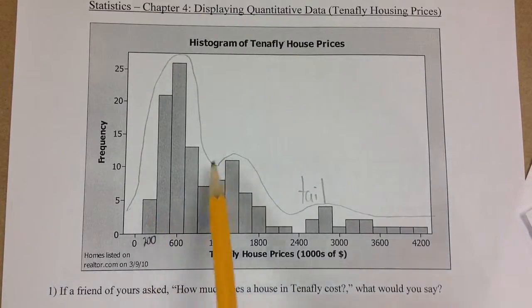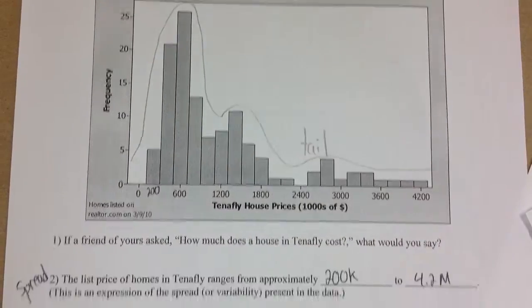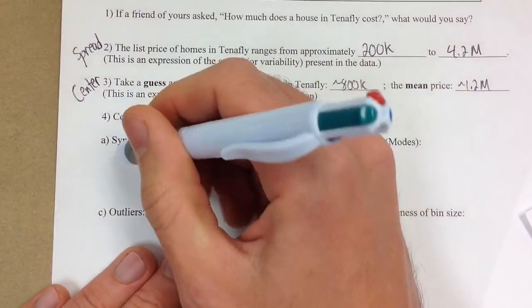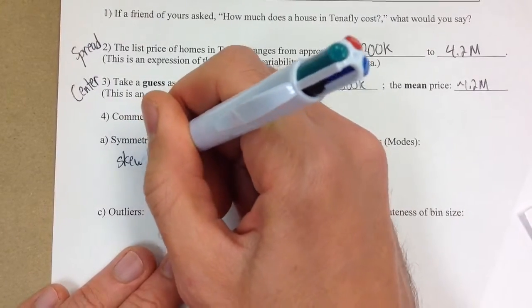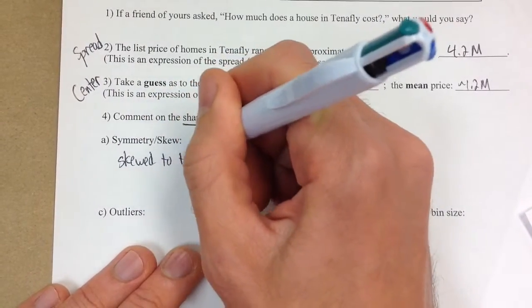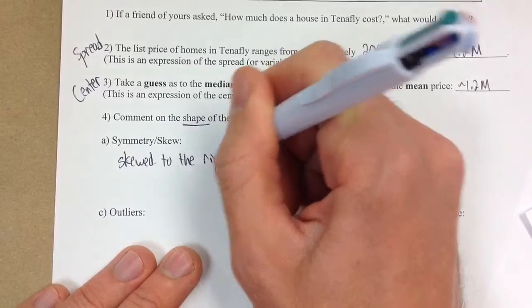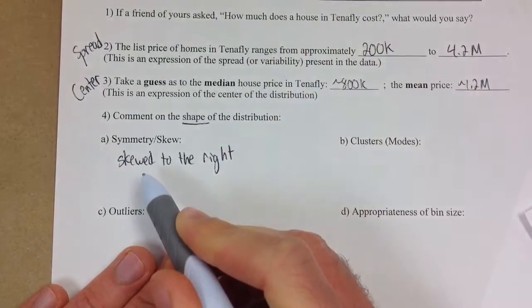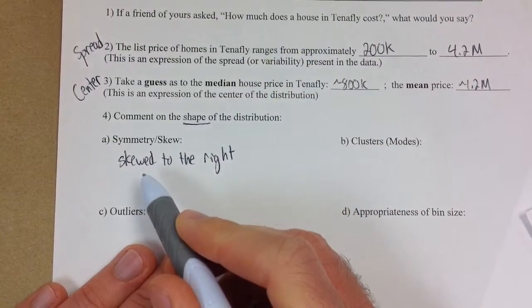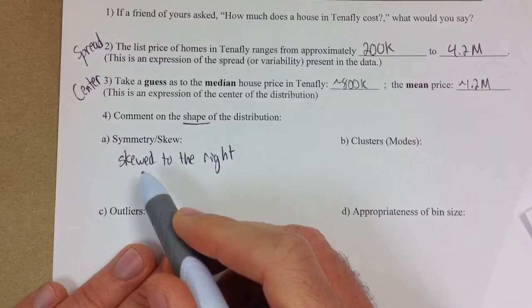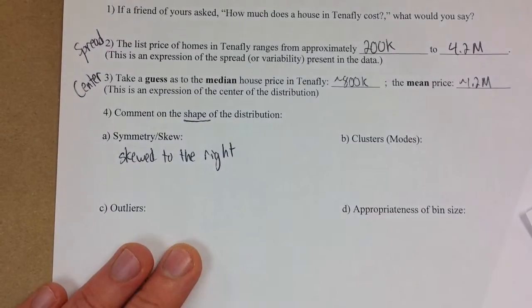Which means that the bulk of your data is on the left. And what's implied here is that it is asymmetric, since it's skewed. Any questions on skew or symmetry?